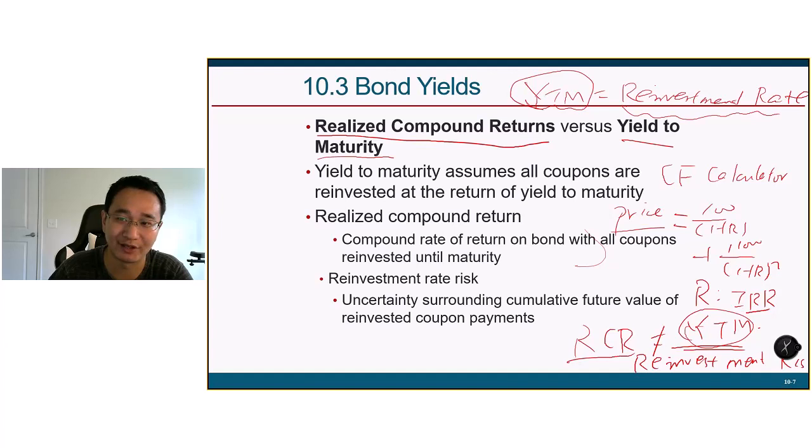You cannot guarantee that your reinvestment rate will equal the rate you initially get. The yield to maturity is the current prevailing rate. So this is also important: all coupons are reinvested at the rate of yield to maturity.